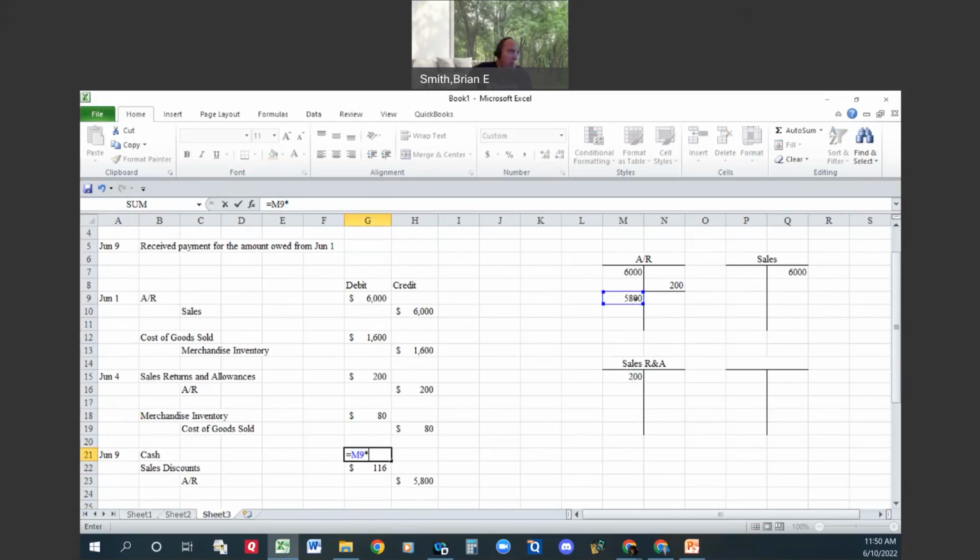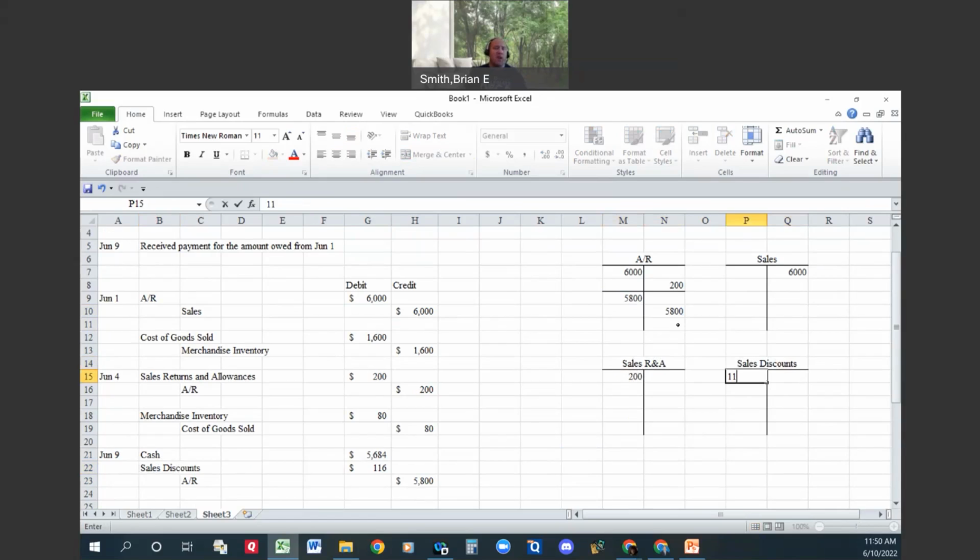There it is. So our accounts receivable will be zeroed out, and we're going to have sales discounts over here of $116.